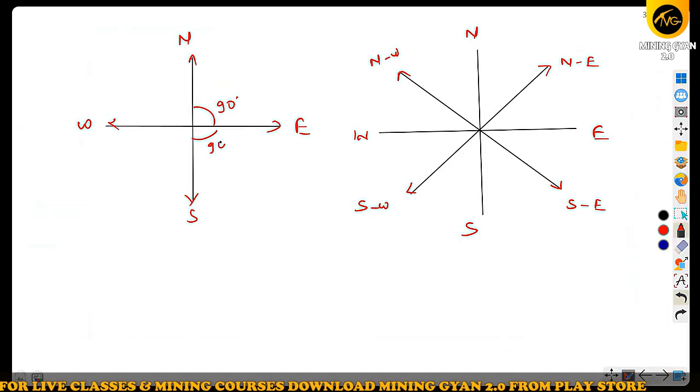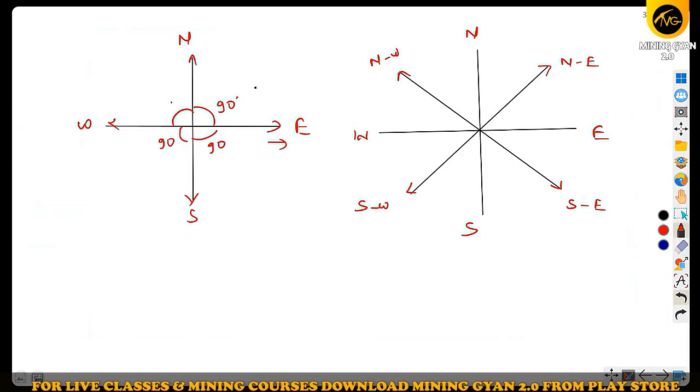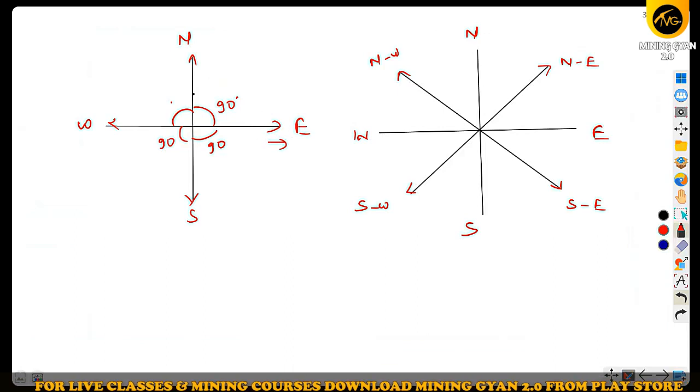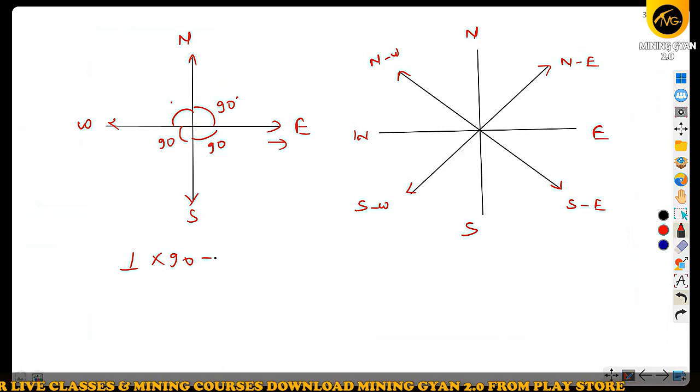So if you move one time, you turn 90 degrees to the right. If you are facing this direction and turn right to left, it is called moving 90 degrees from the north side. So one time moving means a 90-degree angle.